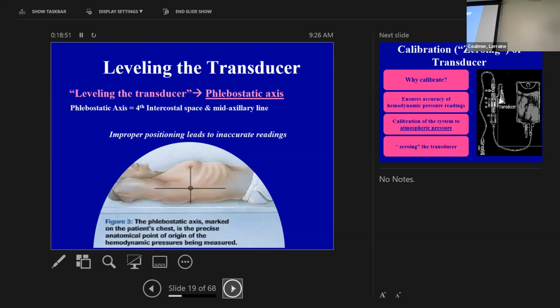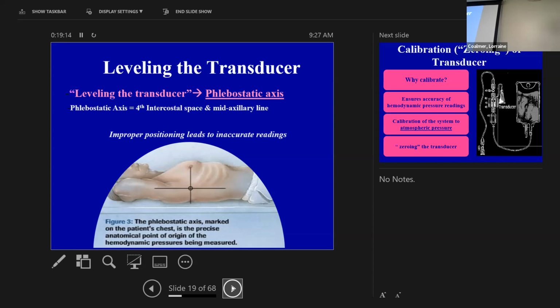Now, when you change their position, what do I got to do? Level it. The atria has moved. So let's say I've been laying supine for 4 hours, and now I'm sitting at a 45, 50 degree angle. I got to move the transducer. So every position change, you must relevel.